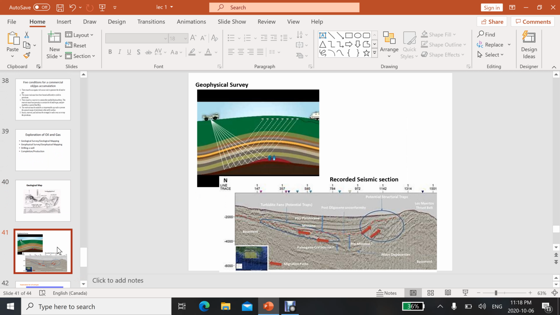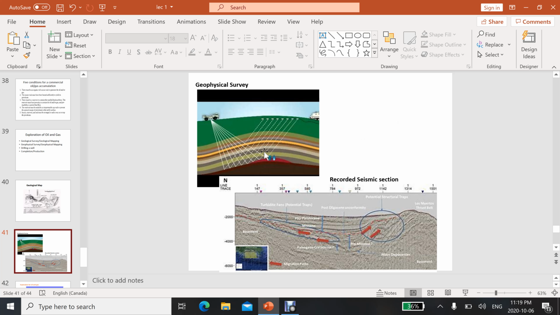Now next one is about the geophysical survey, and probably you will study this subject in detail in fifth semester or maybe next semester. You will study how we conduct these geophysical surveys for identifying subsurface layers. In the upper part, this is a typical example of recording geophysical data.